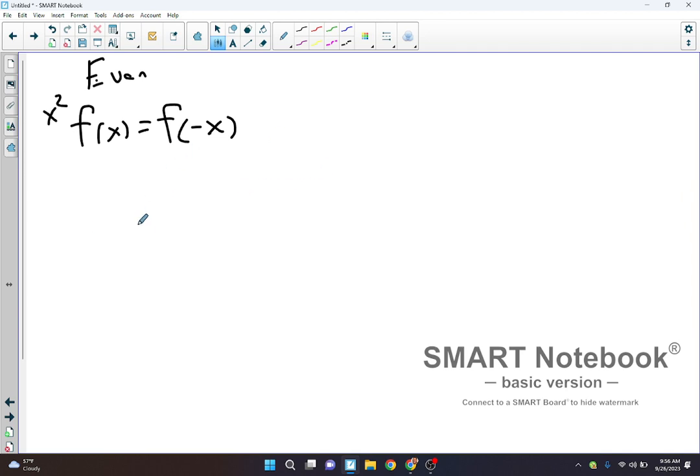So to test if something is even, and then odd, I should say that first. Odd is that when I plug in the negative of that number, I should get the negative version of it if I plugged in a positive number. And we'll do x cubed, for example. Quick example of what that means.